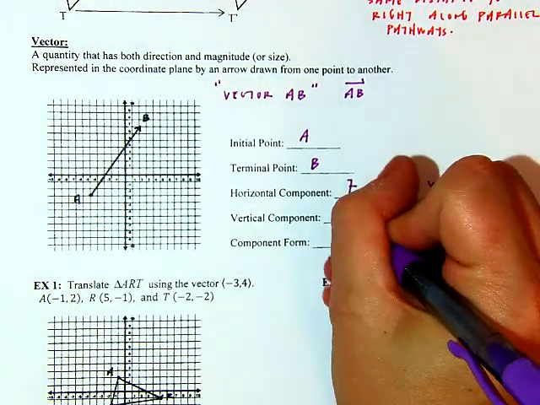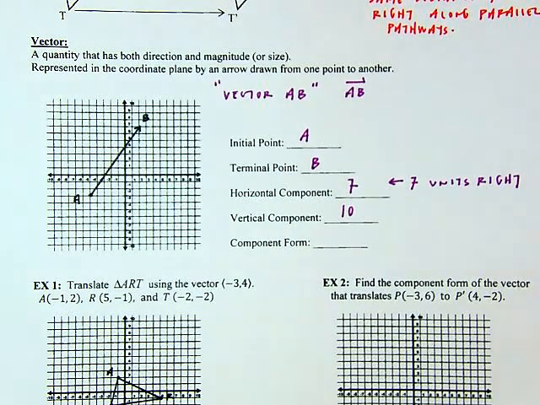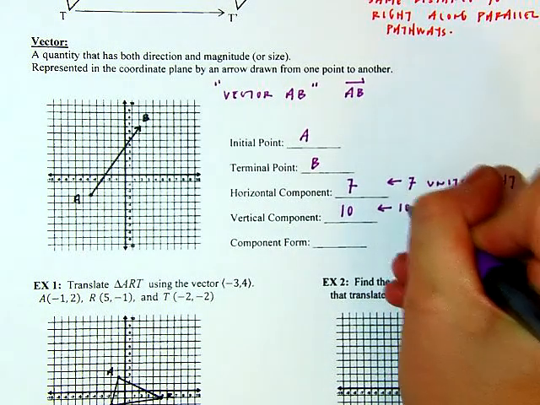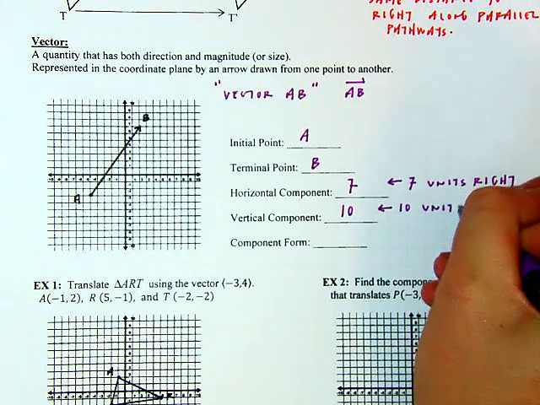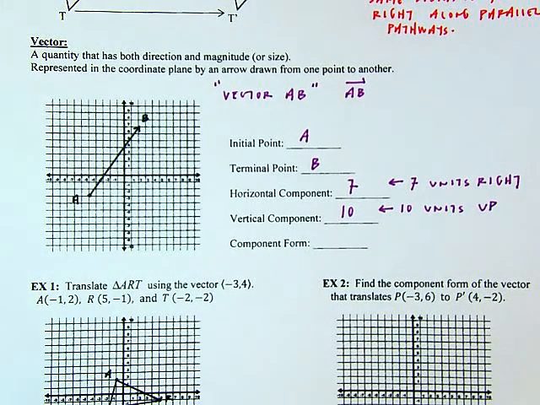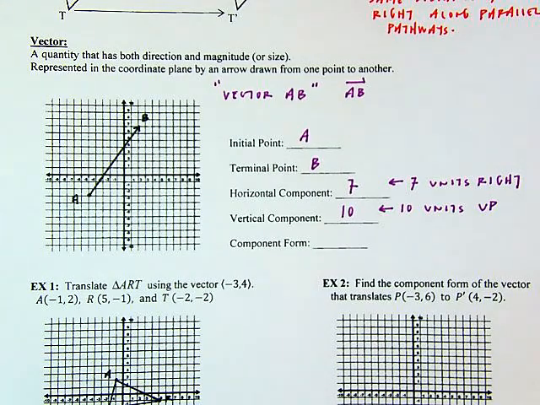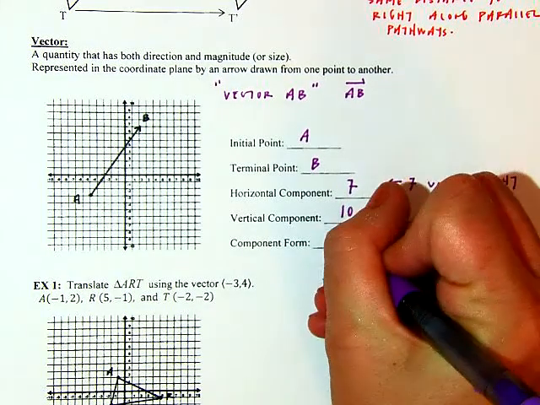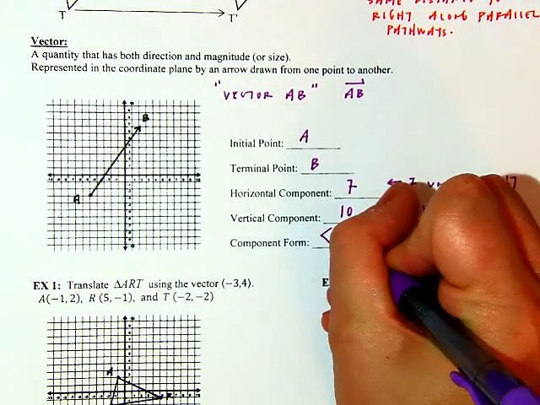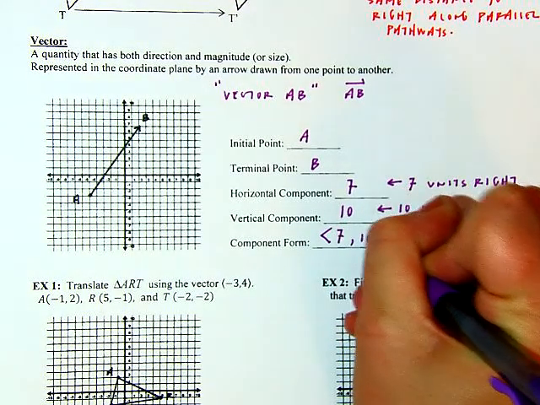So 10 up. I put a 10 here for the vertical component. 10 units up. So then when I write my component form, I'm putting my horizontal component with my vertical. So I use these pointy brackets like that, and I pair the 7 with the 10.